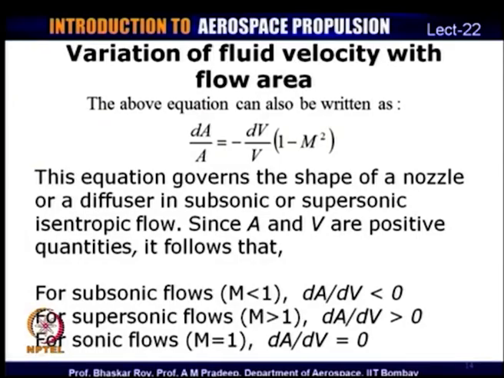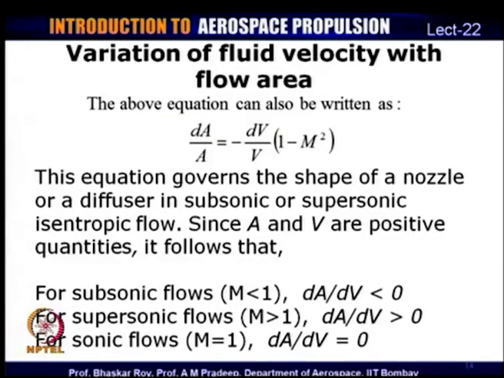For subsonic flows where Mach number is less than 1, we have dA by dV less than 0. For supersonic flows where Mach number is greater than 1, dA by dV is greater than 0, and for sonic flows where Mach number is equal to 1, dA by dV is equal to 0.